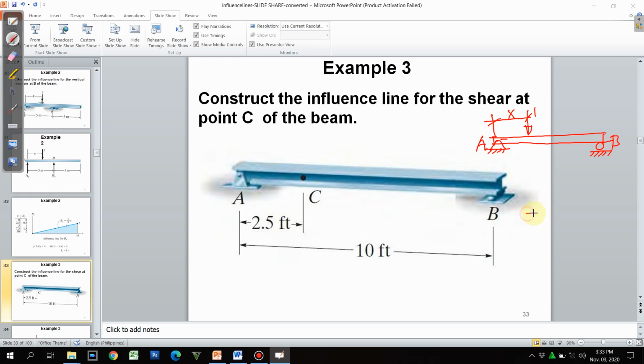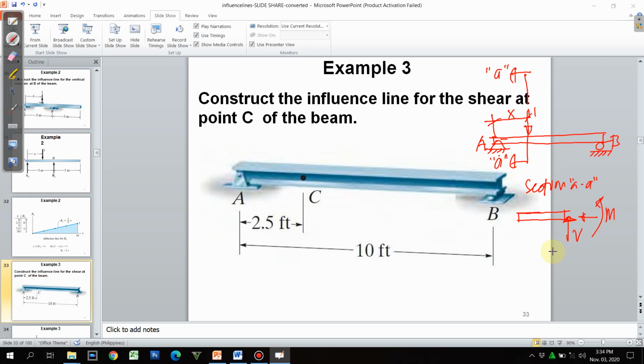So just apply your knowledge in establishing the shear equation. The shear equation is just cutting your member and then considering the left portion. Say this is section AA. The cut section has a shear, a normal force, and a moment.